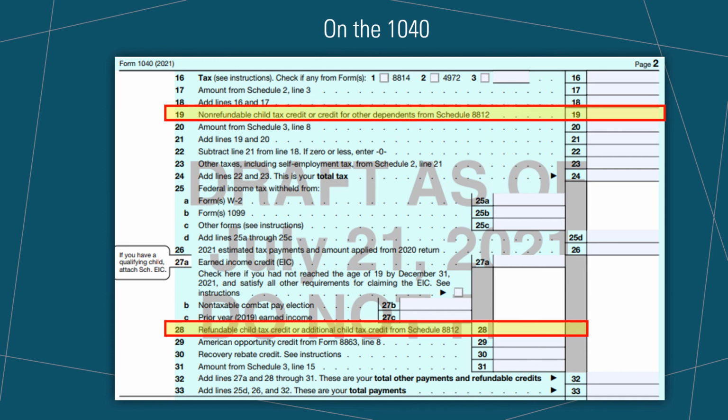But you'll notice that down a little further, we have our line 28, which is where the refundable child tax credit or the additional child tax credit shows up. So if you remember, our child tax credit this year may be fully refundable for a lot of our clients, or if their income was a little higher, it may be only partially refundable again.